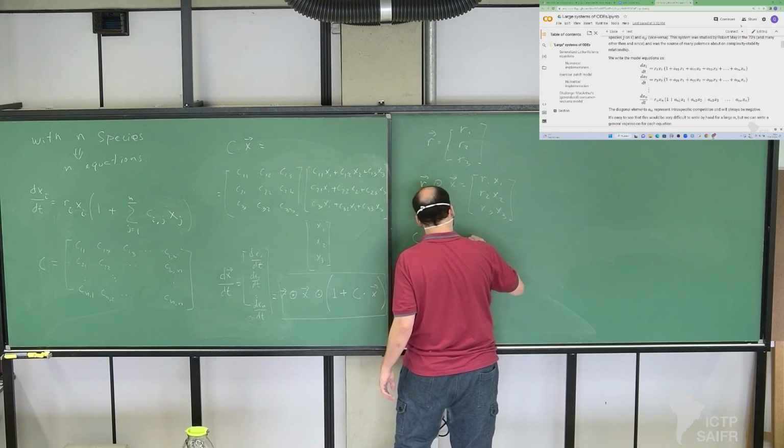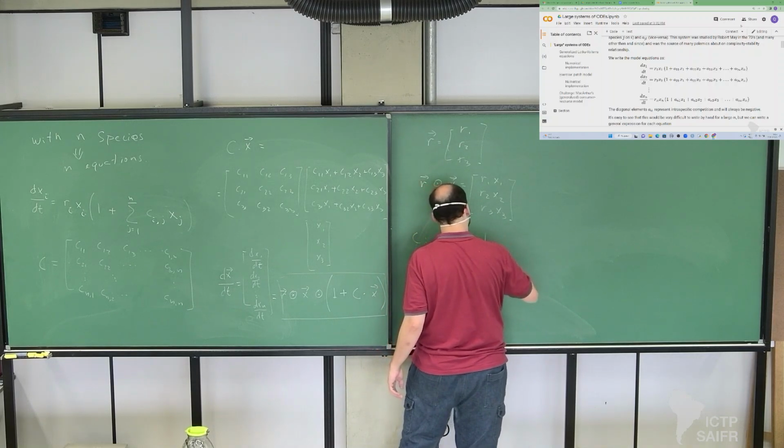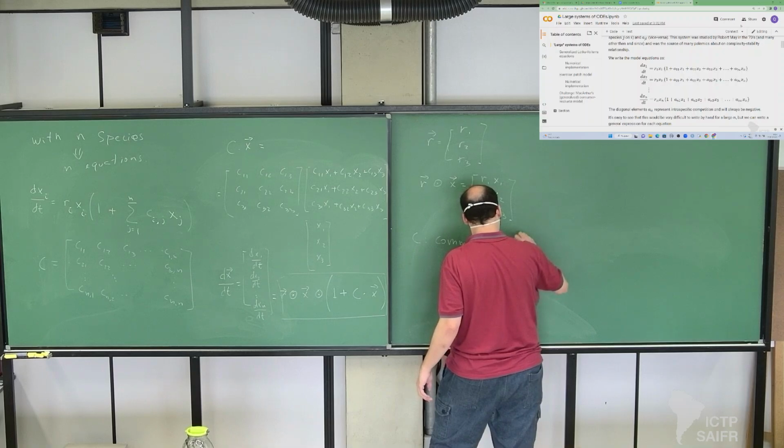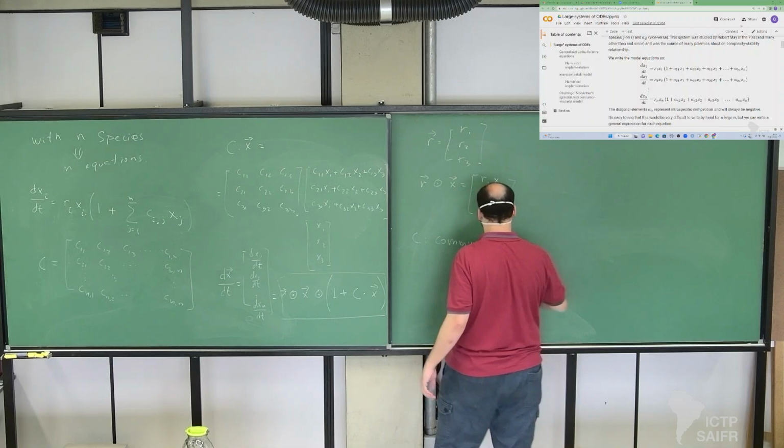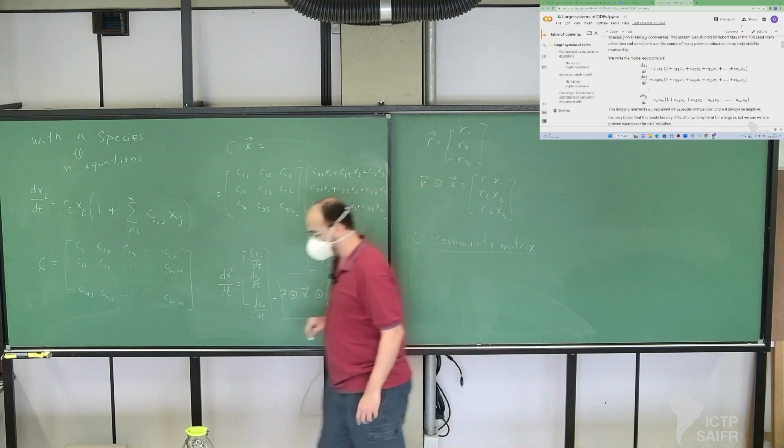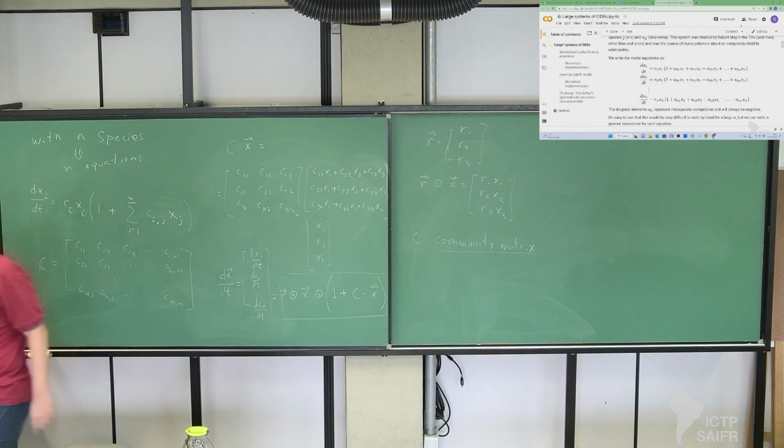The community matrix. I think you're probably going to hear more about this next month, or maybe Paula is going to talk a little bit about it, or maybe she has already talked about this. I'm not so sure. No? Okay.